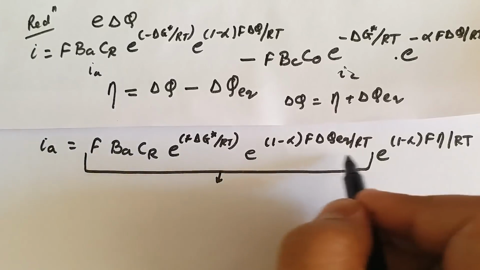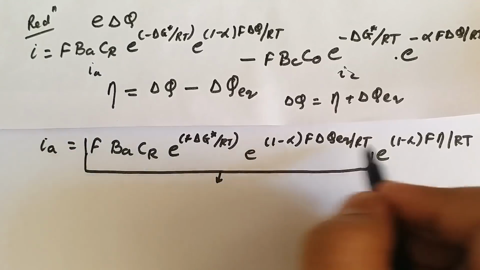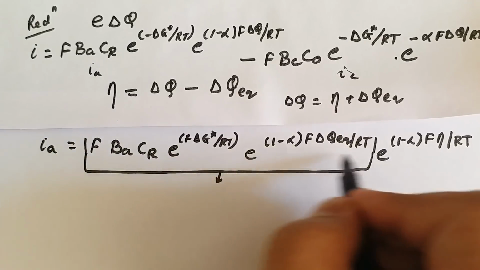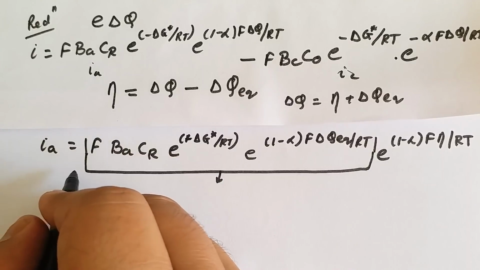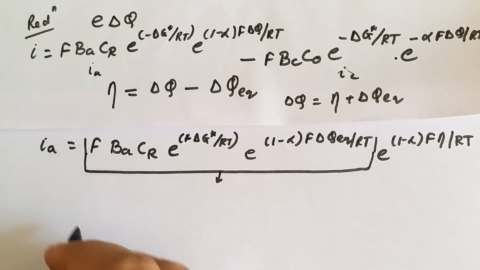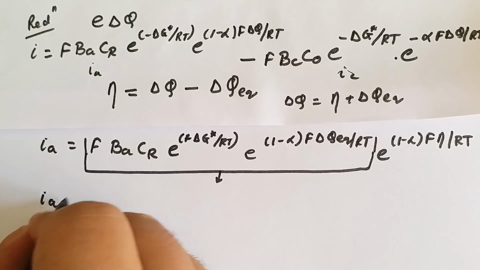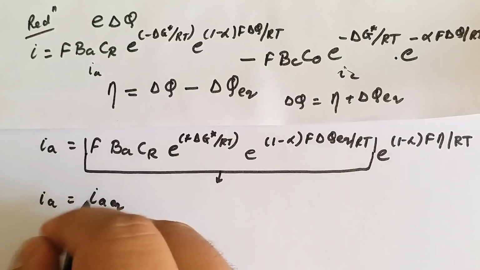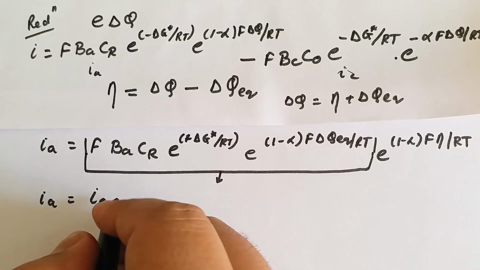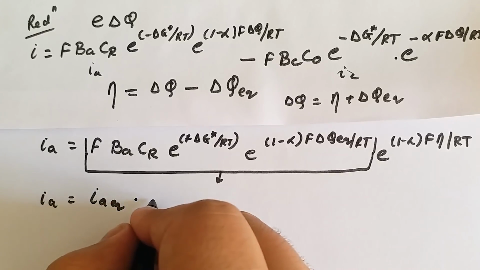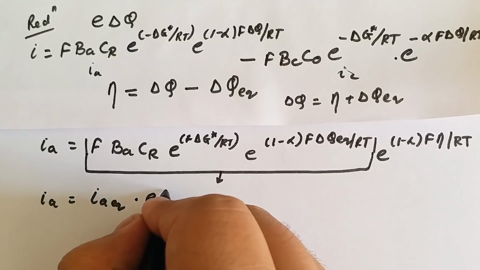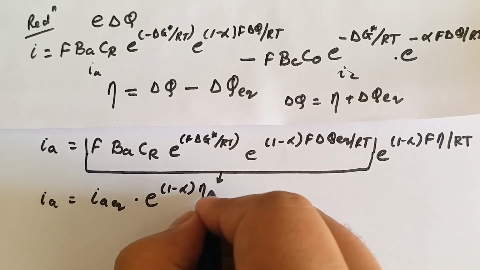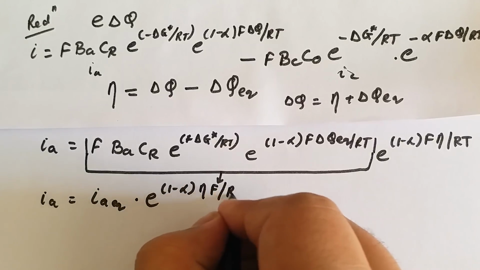So all these terms which I have kept in this bracket will constitute the anodic current under equilibrium condition. All five terms I can write together as ia,eq, which is our anodic current under equilibrium condition, and I am left with e raised to (1 − α)ηF by RT.